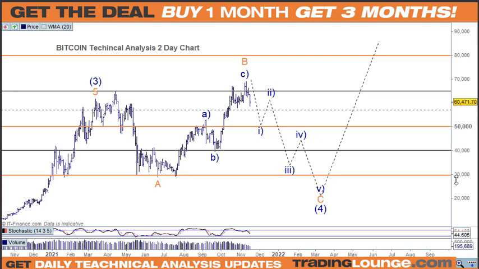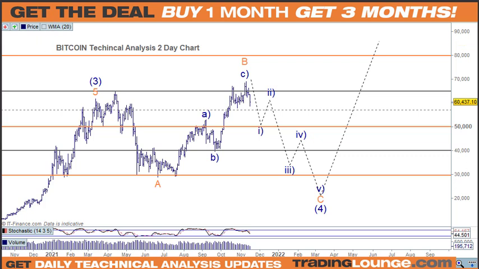I've got Bitcoin myself, so obviously I like to see the price higher, but I also don't mind if it comes down lower, because it just creates an opportunity. If it does come down lower, then I know that we have a buying opportunity in the market. So anyway, I need to present that at this point in time, and that's that.